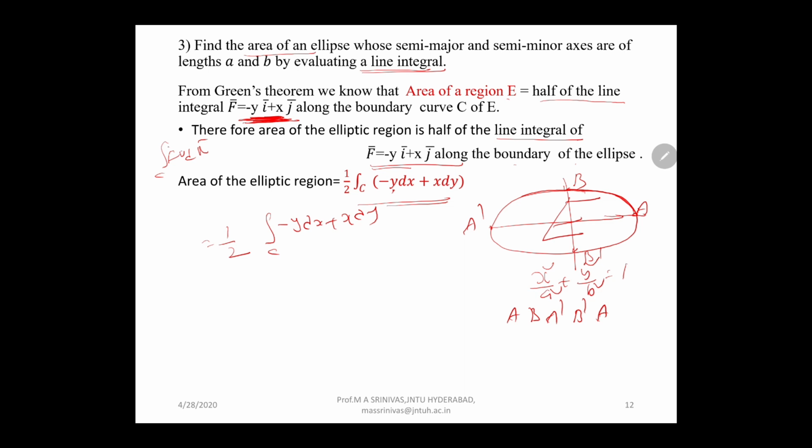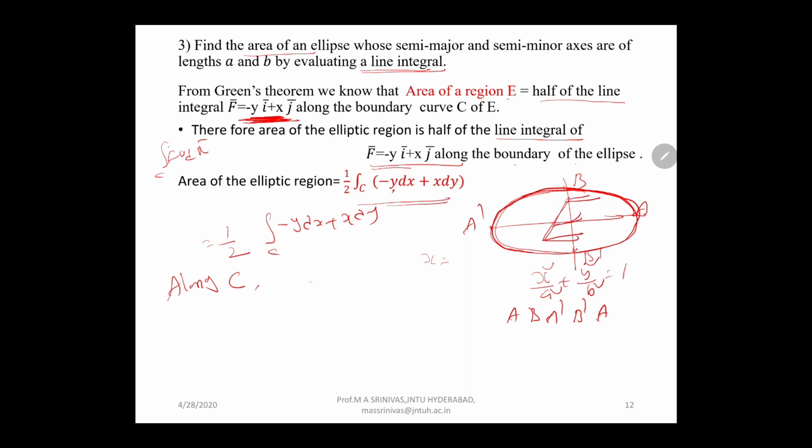How to find this? As I said, for finding the line integral, our aim is always to reduce this to a single variable. I use the parametric representation of an ellipse. Along C, C means along the boundary, this is my C. This is the ellipse, this is the elliptic region.